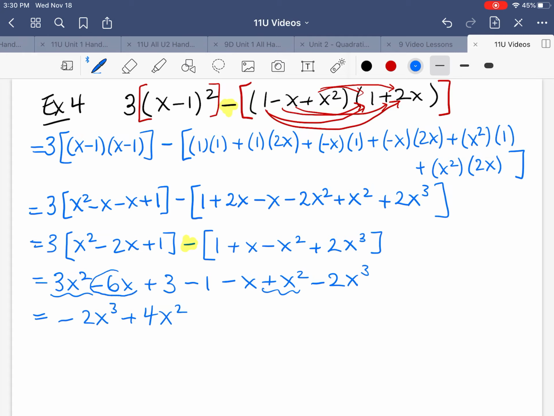Now we have negative 6x and negative x. That's going to give us negative 7x. And lastly, we have a positive 3 and a negative 1. So that's going to give us plus 2. And there we have our final answer. Negative 2x cubed plus 4x squared minus 7x plus 2.